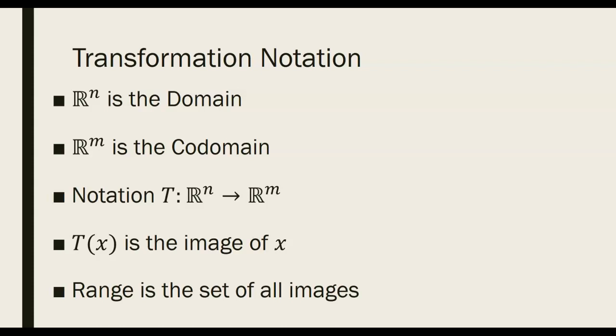So in transformation language, we call that the image of x. And if you look at the set of all images, that's called the range. Again, the distinction between range and codomain is that the codomain is the set of all vectors which have m entries. The range is those vectors which you can map something to. So that's the notation, that's the language we're going to use when we talk about transformations.